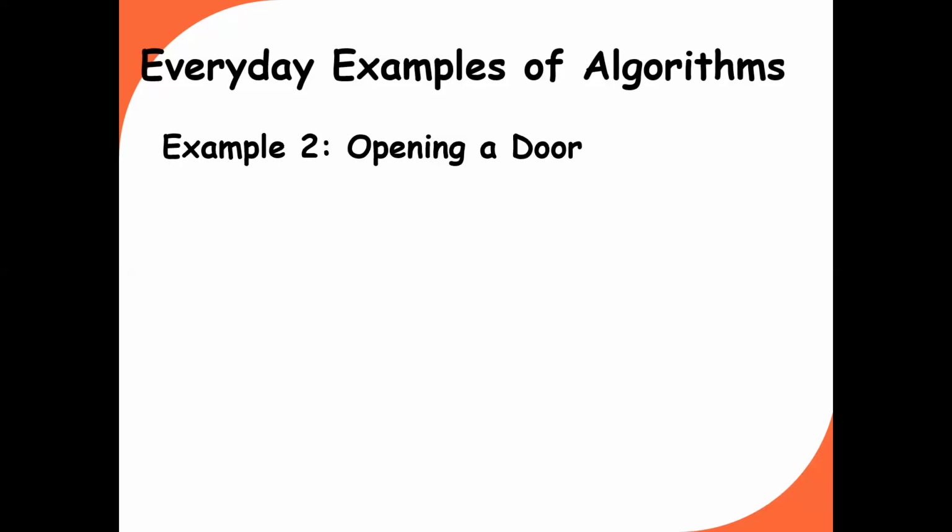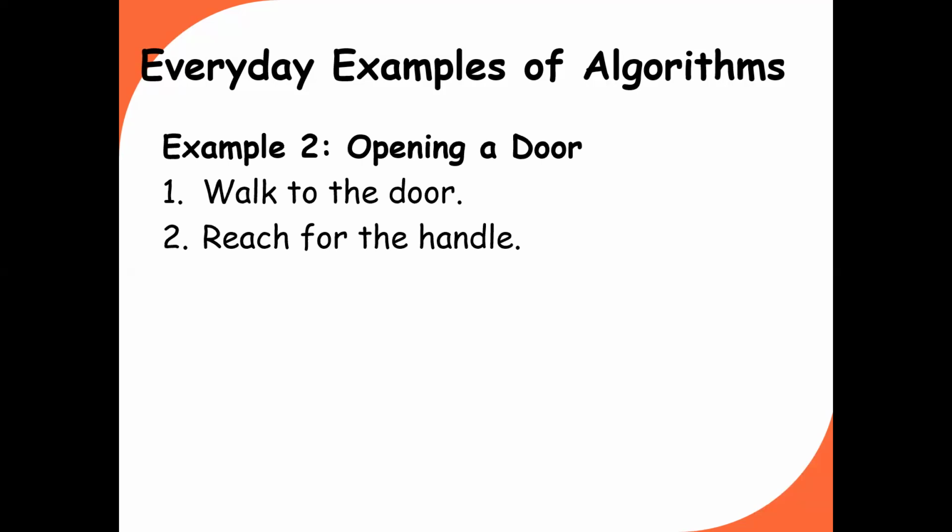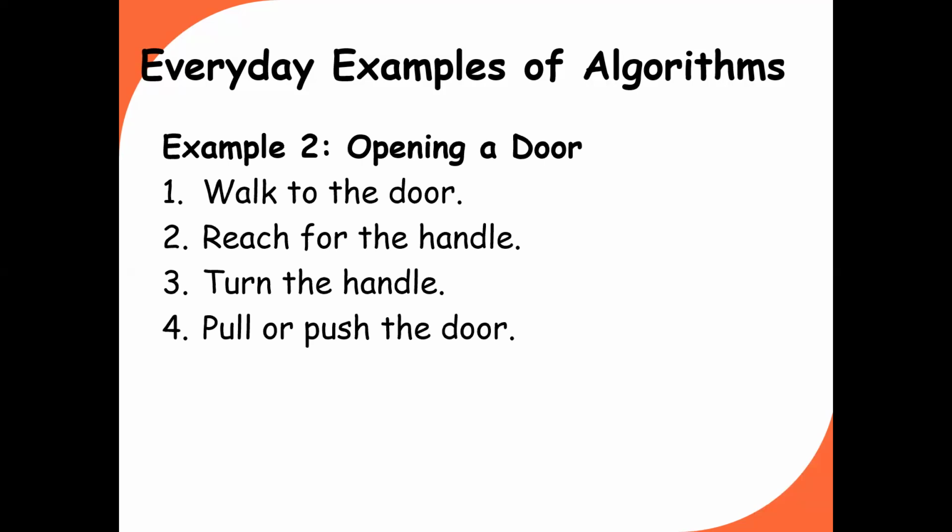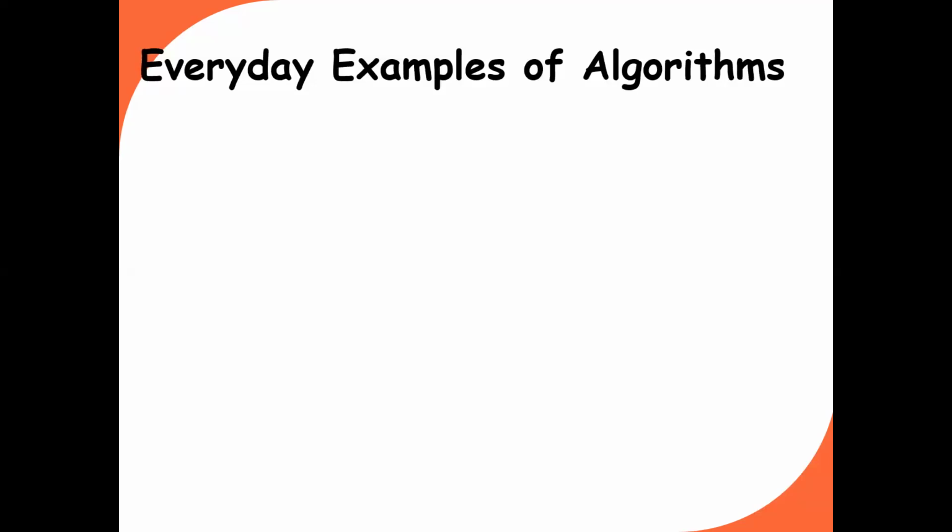In example 2, we will use opening a door. When I ask you to open the door, you need to walk to the door, reach for the handle, turn the handle, pull or push the door to open, then walk through the door. All these are examples of algorithms.